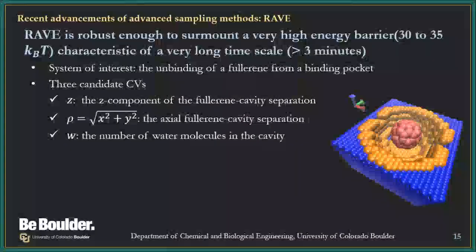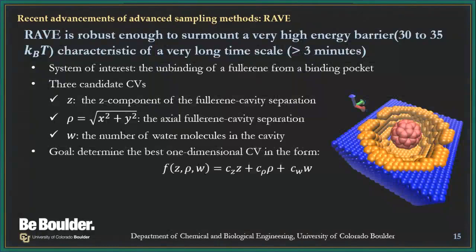And the goal in this problem is to assess the importance of each candidate CV to determine the best one-dimensional CV as the linear combination of these candidate CVs. As a result, it was found that the variable Z had the largest weight, and the number of water molecules in the cavity barely influenced the unbinding event.